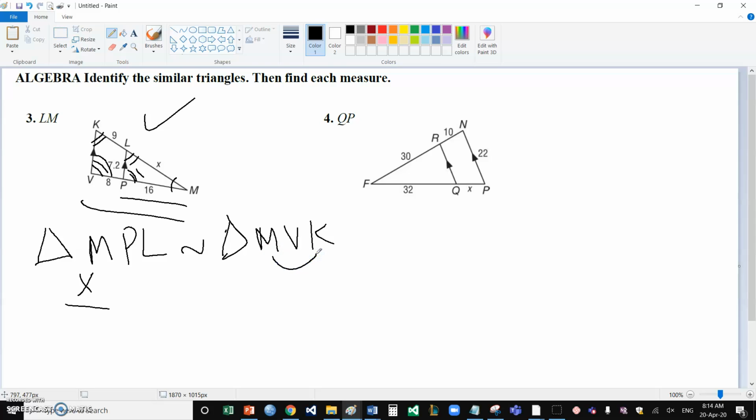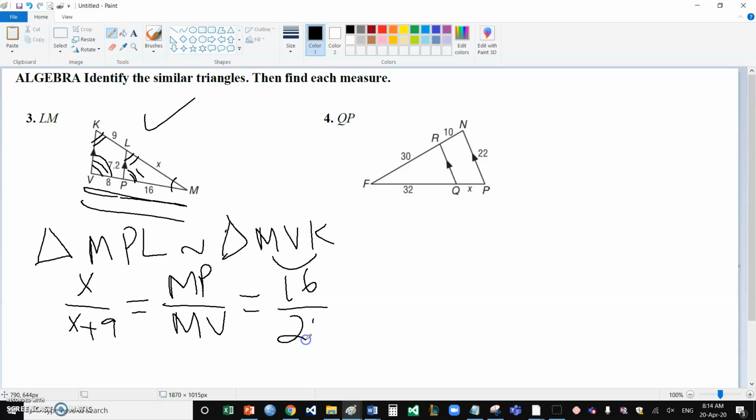So ML, x, over MK, which is x plus 9, equals MP over MV, where MP is 16 and MV is 16 plus 8, 24.